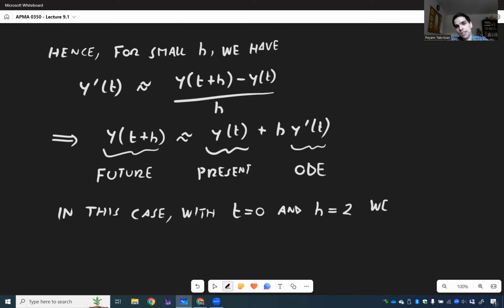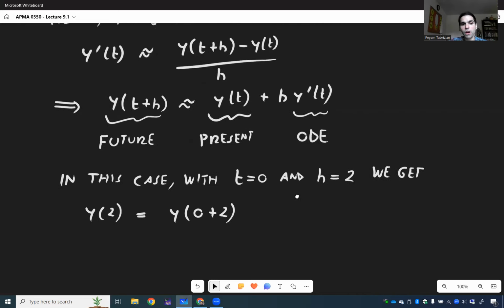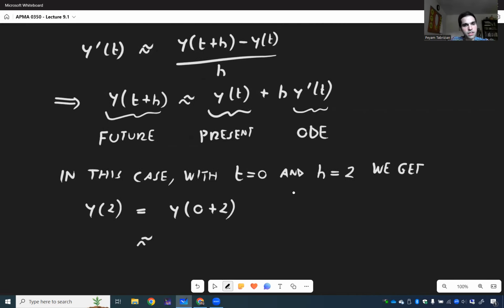We get that y of 2, the stuff we want to find, is y of 0 plus 2. And using the equation above, this is roughly y of 0 plus h y prime of 0, so 2 y prime of 0.